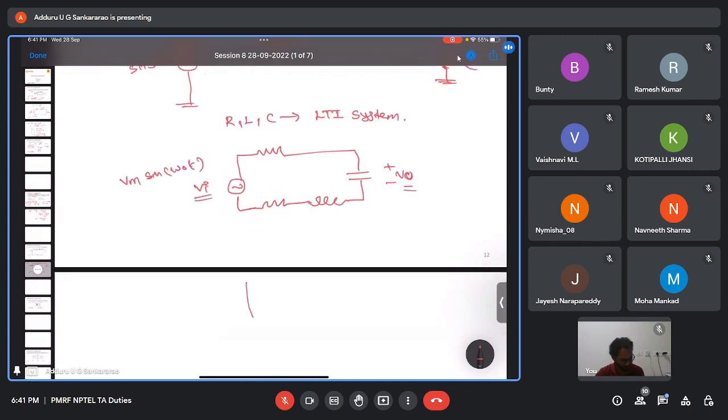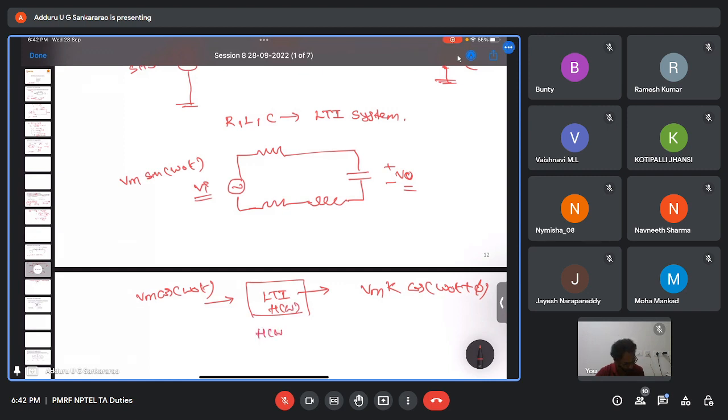For an LTI system, if I give a sinusoidal signal as input, you will get a sinusoidal signal as output, but there is an amplification in the magnitude and some phase will be added. Let us say H of omega is the frequency response of the LTI system.